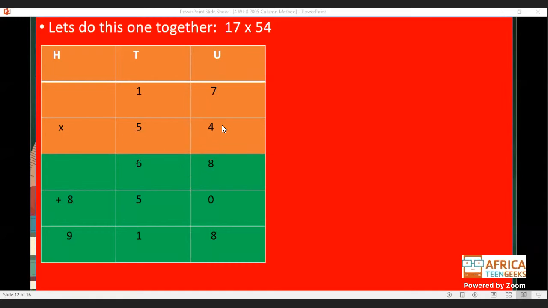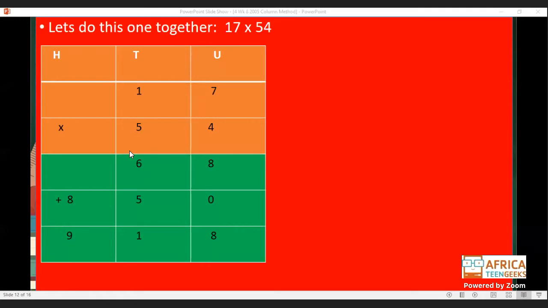Because we are done multiplying by 4. Which next number are we going to multiply with? It's not a 5. It's actually a 50.